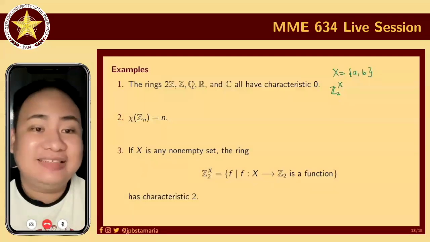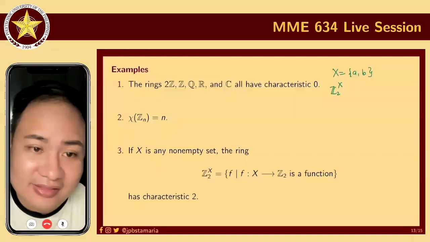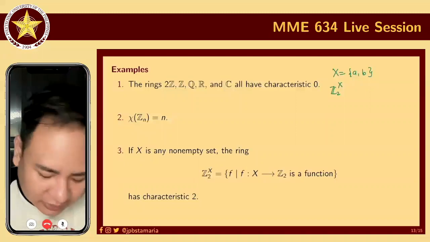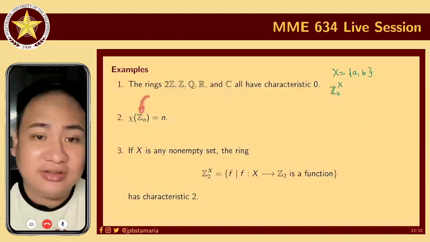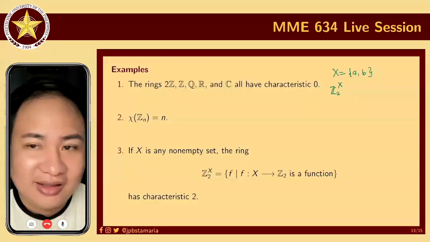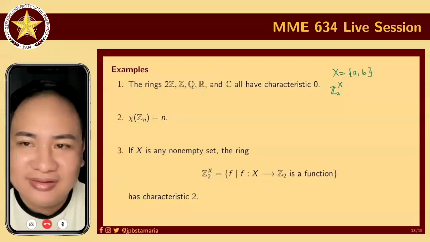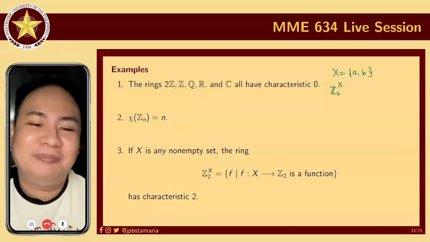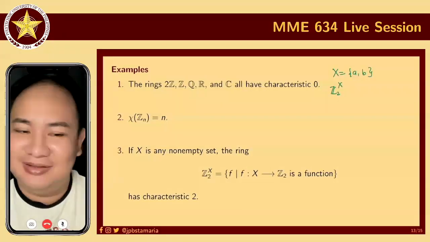Ang Z sub n, ang characteristic ay n. Hindi naman pwede maging 0 yung n. So, kung gusto mo maging integral domain yung Z sub n, ano lang ang pwedeng n? Prime. Very good.